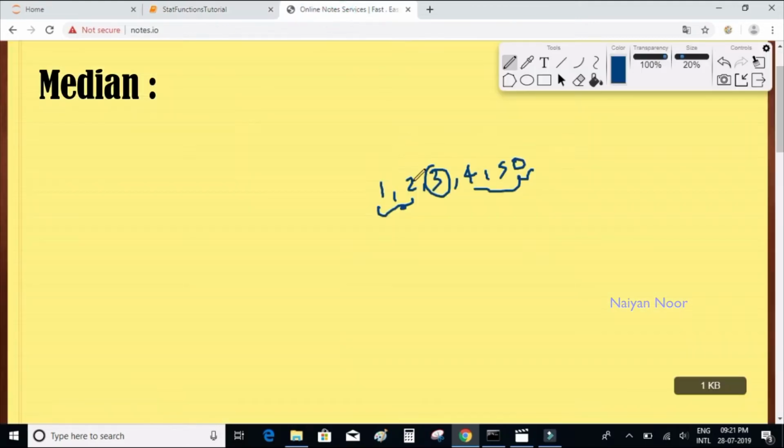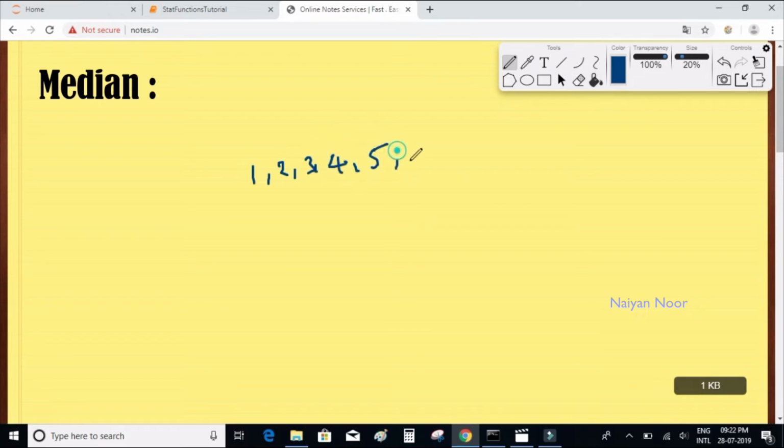Instead of this, if we have 1, 2, 3, 4, 5 and 50, you have 2 on the left side, 2 on the right side, and in the middle we have two numbers instead of one. In this case the median returns the average of these two middle numbers, which is 3 plus 4 divided by 2, equal to 3.5. So this is the median in our case.